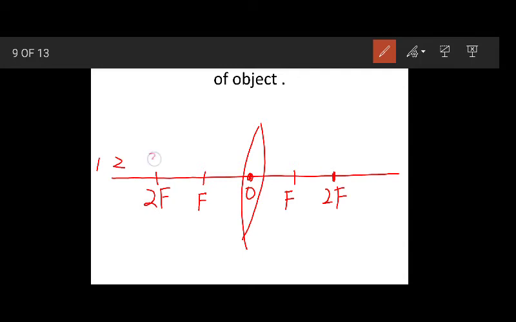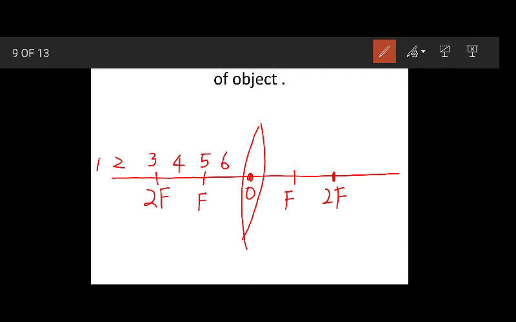Number 3 is the position of the body at the distance of 2 focal length, 2F, and number 4 is the position between F and 2F, and number 5 is the position at the focal length, I mean at the principal focus, and number 6 is the position between focal length and optical center.